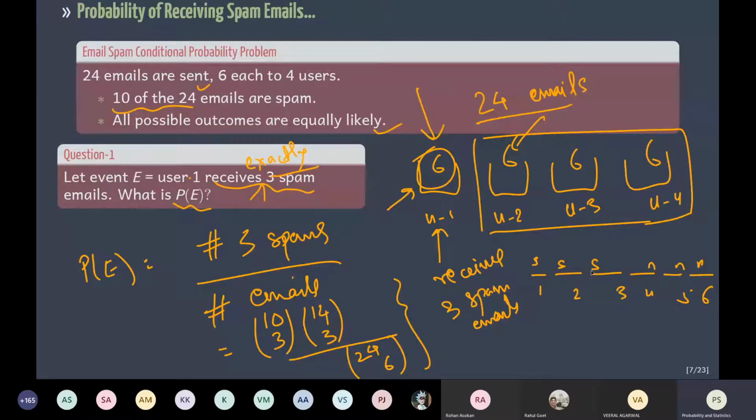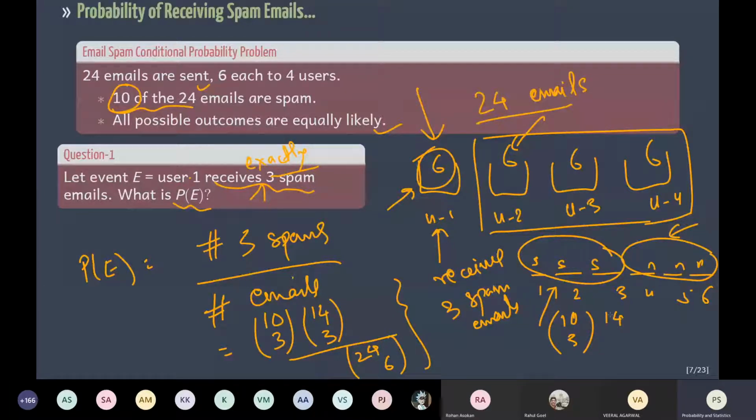Now you are asking how many ways I can pick spam. There are 10 out of 24 that are spam, so it's 10C3 because it's exactly 3. I should now pick the others as non-spam, so it should come from the other pool, where 14 of them are non-spam.